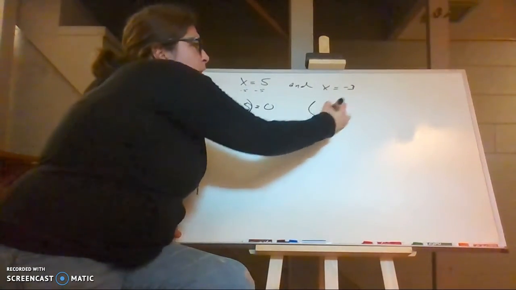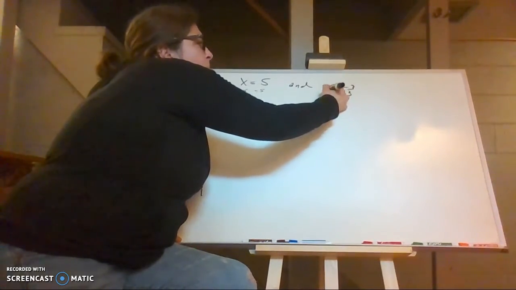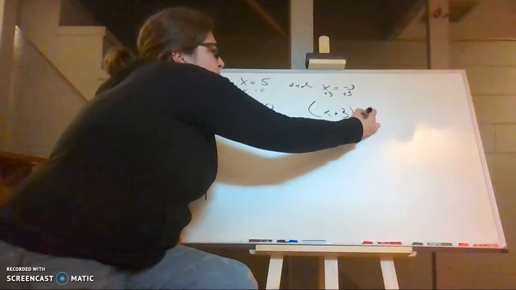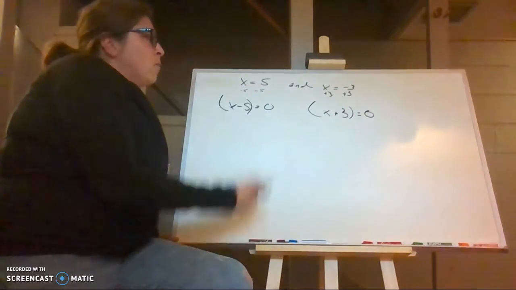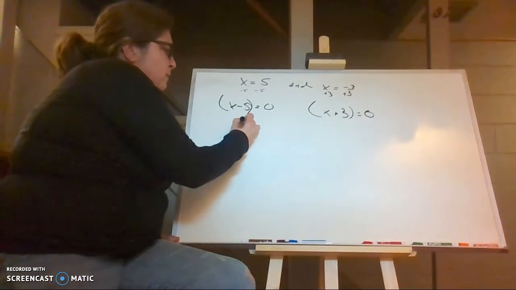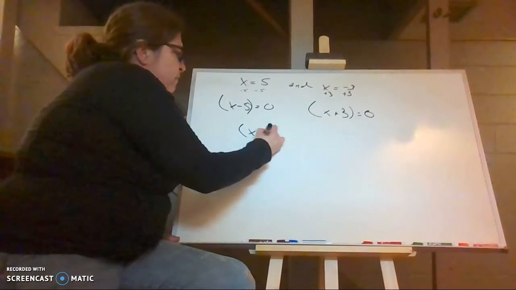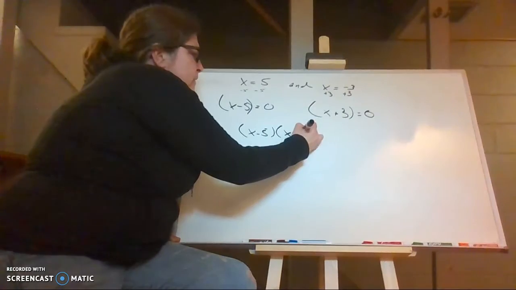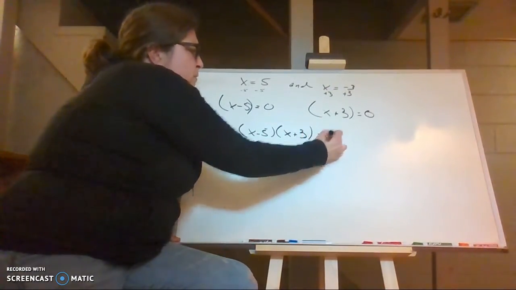Over here, I'm going to move this 3 by adding it to both sides, so I'm going to have x plus 3 equals 0. They're both equal to 0, so x minus 5 times x plus 3 equals 0.